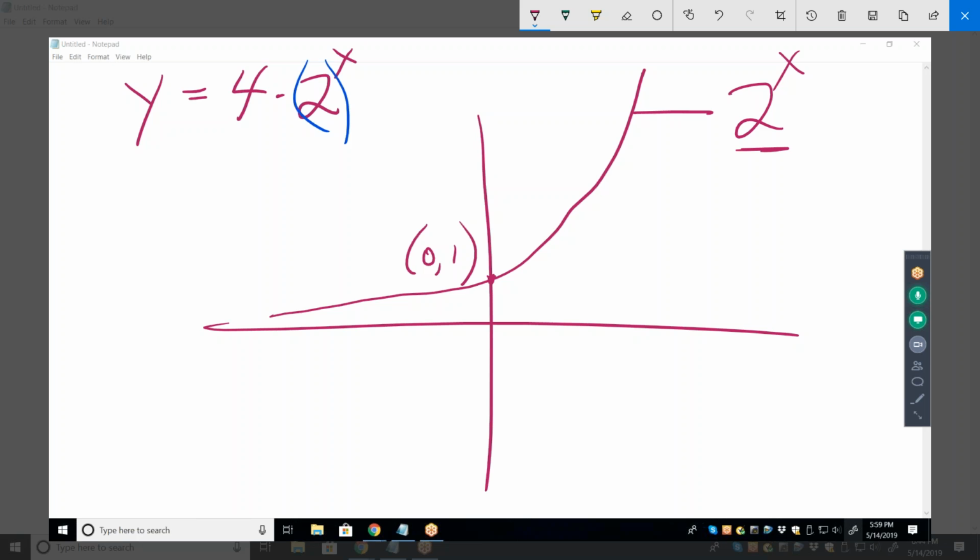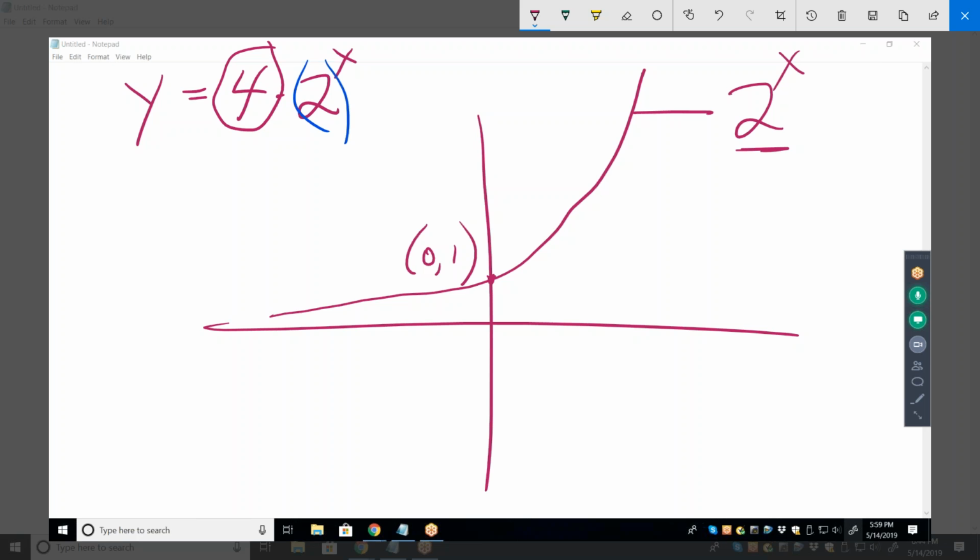However, what transformation is happening with that 4 right there? Think of your transformation rules. When you multiply a function by a number, what are you doing to that function? You're vertically stretching it.